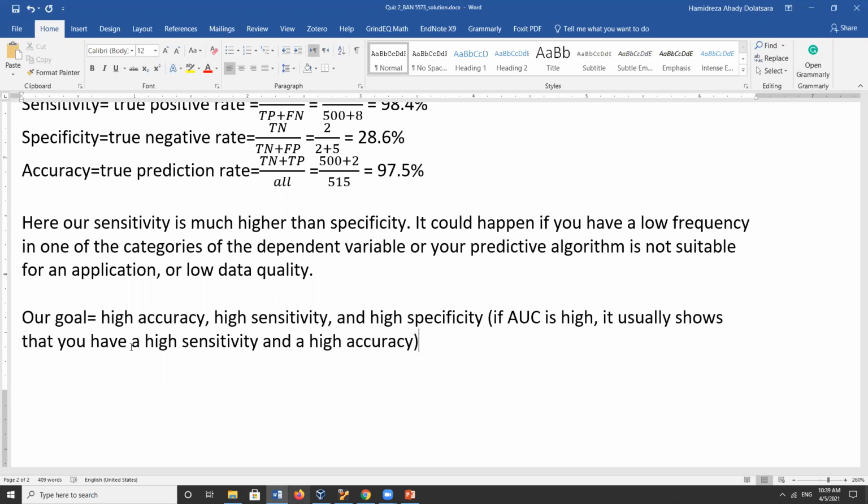It isn't always the case, but usually having a high AUC, which is area under the curve, means you have both high sensitivity and specificity.